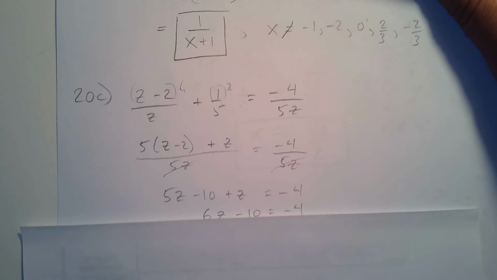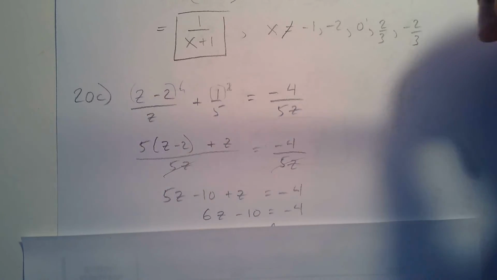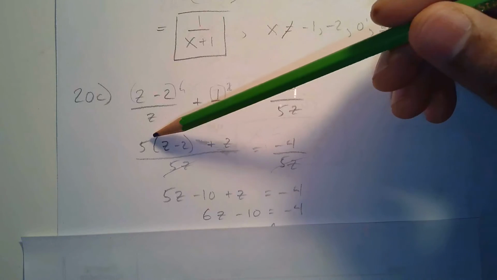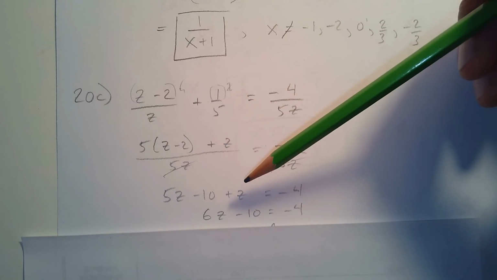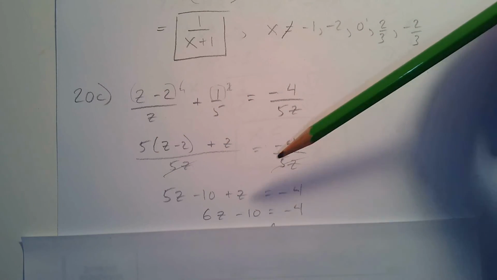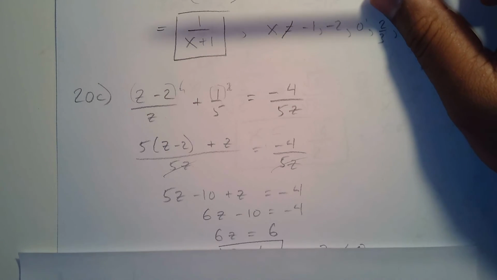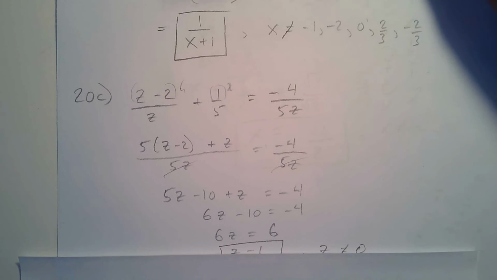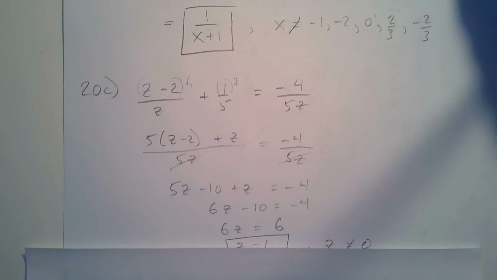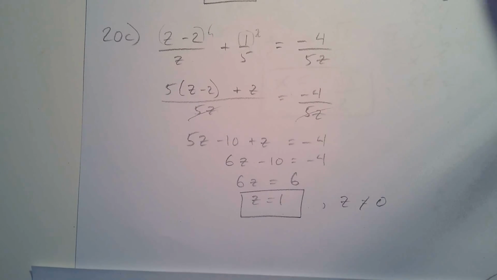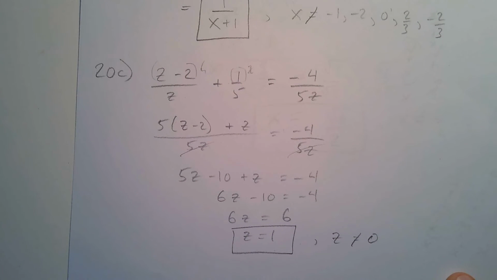So now you've got 5z minus 10, so that's when you multiply this, 5z minus 10 plus z equal to negative 4, and then the 5z and the z here becomes 6z. And then the minus 10 can be moved over to the other side as plus 10. With the minus 4 becomes 6, and so you get z equals 1 as your answer, and z can't be equal to 0.